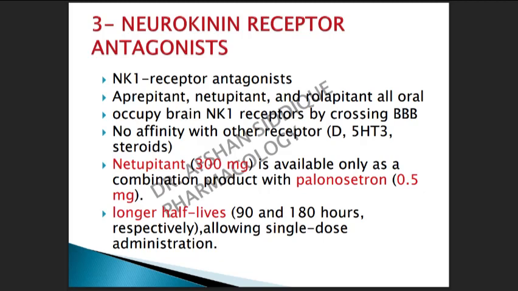Now come to neurokinin receptor antagonists, or NK1 receptor antagonists, which comprise 3 different agents: aprepitant, netupitant and rolapitant. All are orally active and they act on the NK1 receptor, which is located in the brain.